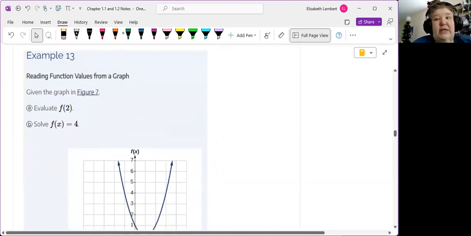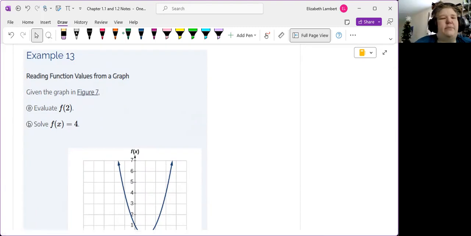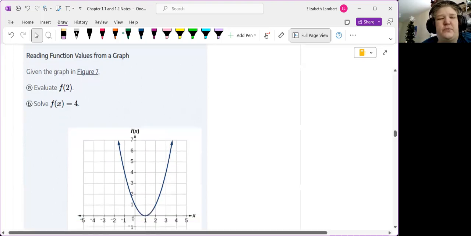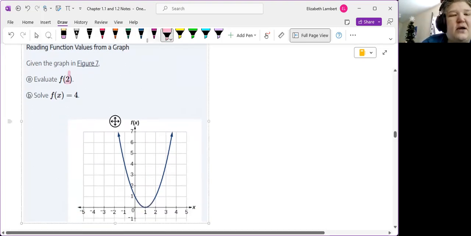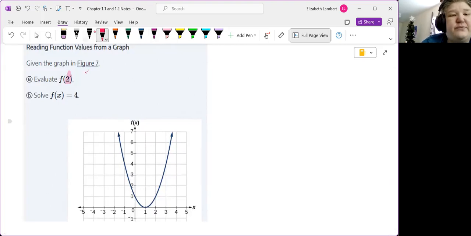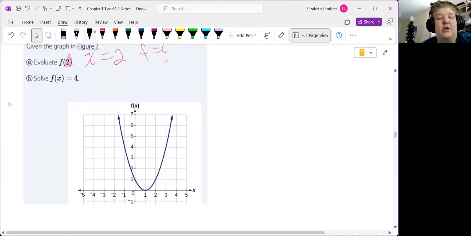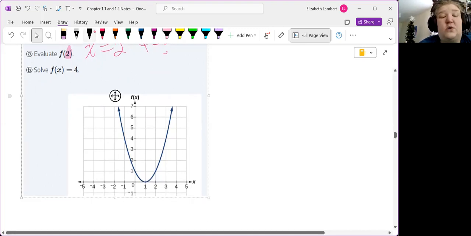Now the other way we can read it is by looking at a graph. This can be a little weird mentally, but follow with me. So we got f of 2. So f of 2 is telling us x is 2. It's asking what's the function or the y value. So I'm going to look on my graph at x equals 2.